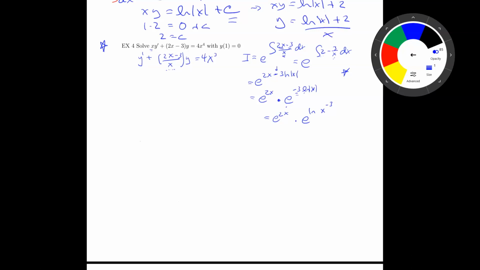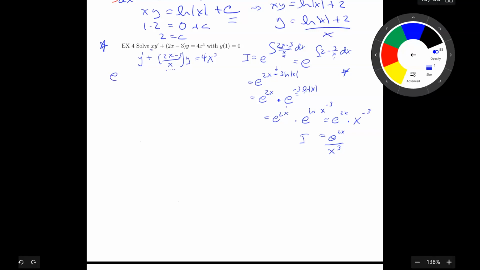And so now the e and the ln will cancel. So I get e to the 2x times x to the negative 3. I just like to write things without having negative exponents because it helps me when I move forward. So this is my integrating factor. Okay, so this is what I multiply both sides by, or everywhere.